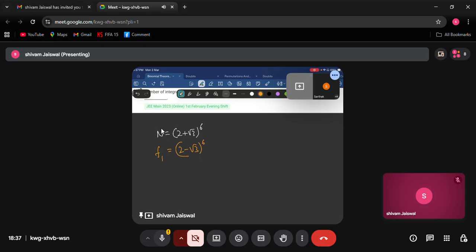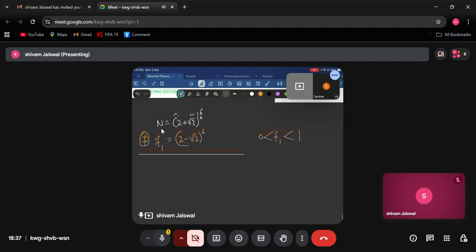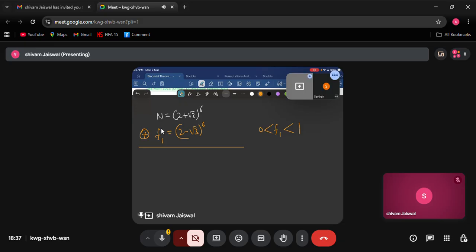Okay. So what is the range of f1? f1 lies between 0 and 1, right or not? Yes. When you add, what are you getting? n plus f1 equals to 2 into how much?